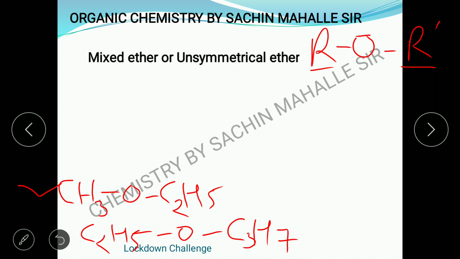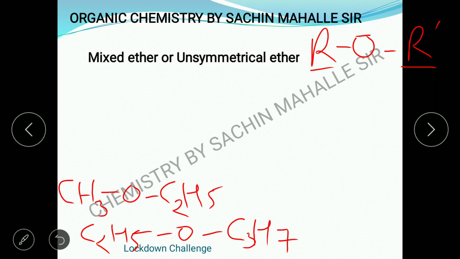In the first, the CH3 group and C2H5 group are added on the oxygen atom, but these two are different groups. In the second example, the C2H5 group and C3H7 group, that is ethyl group and propyl group, are attached to the oxygen atom.